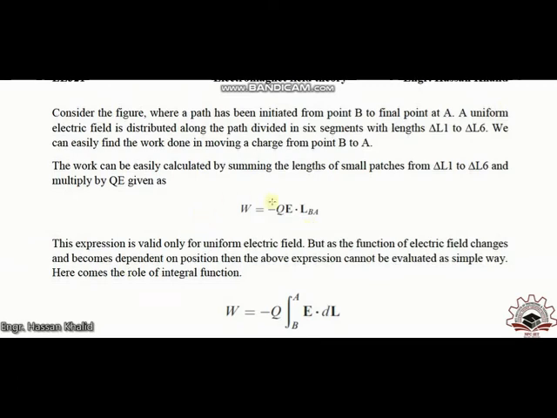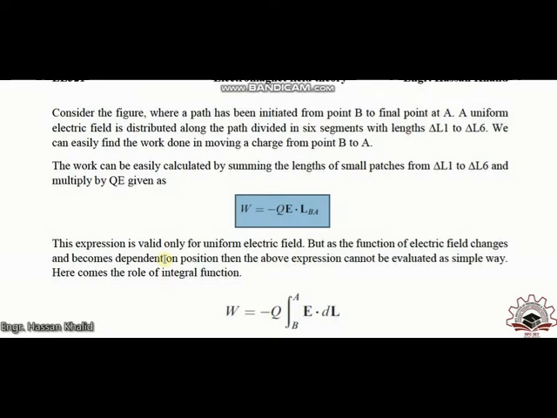Now, if the electric field intensity becomes dependent on the position, this relationship is no longer useful. In that case, you need to evaluate the work done by moving the charge from B to A with the complex function of the electric field intensity along with the length of each part.